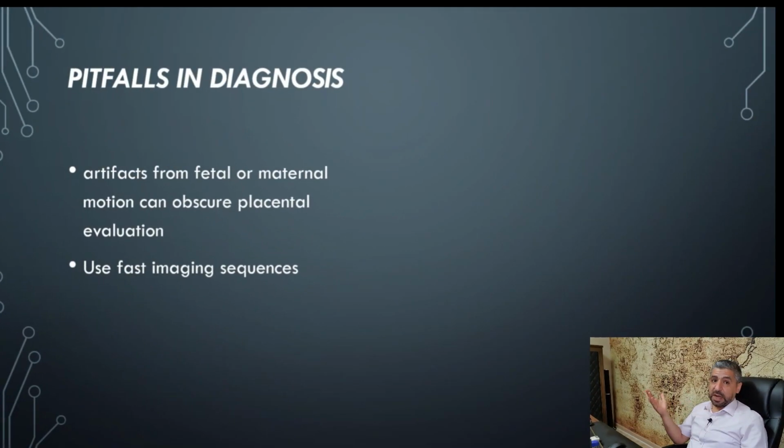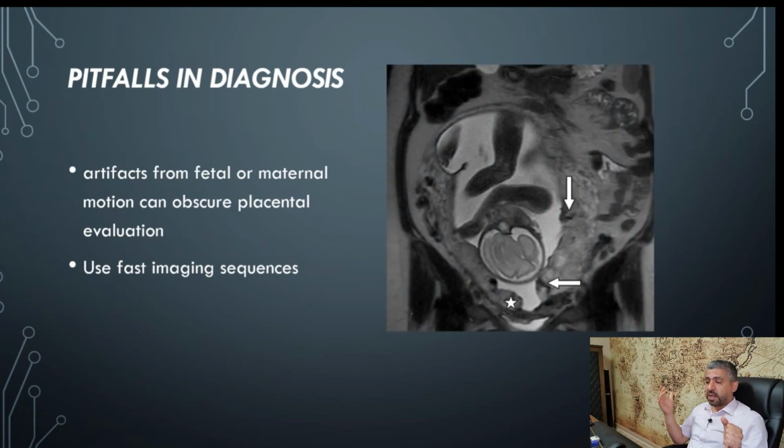Now, one of the things that we have to be sure about is that there is no pitfall in diagnosis, no artifact or anything that might look like placenta accreta spectrum. First of all, we are dealing with a pregnant woman, so movement of the baby or of the mother is a great problem, and that's why we need to use fast imaging sequences that are fast enough before the fetus starts moving.